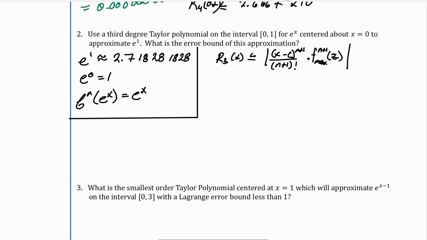So our only job, we have all the information we need, is to find the value of z that makes it a maximum. Let's see if we can figure out what that is. What numbers are we allowed to choose from? What can z be? Well, the interval is from 0 to 1, so we know that z can be in between 0 and 1.